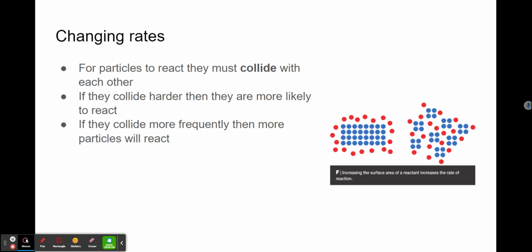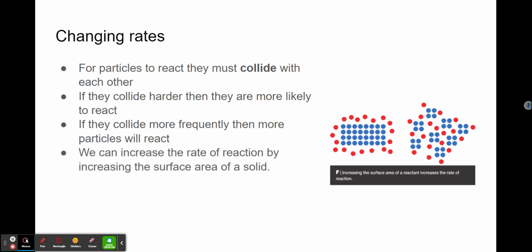The picture that we've got on this slide shows two examples. The one on the left is one lump of solid, and the one on the right is that solid, the blue particles, broken down into smaller pieces. By breaking the particles down, we've increased the surface area of the solid.